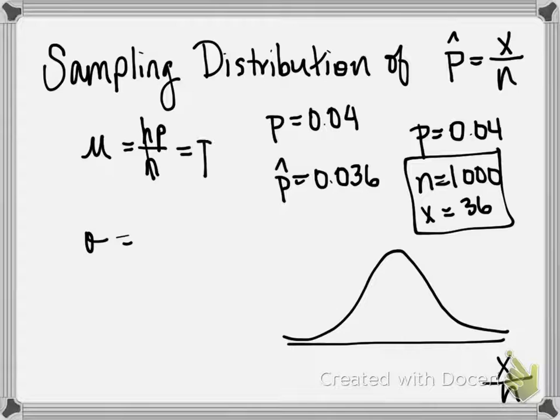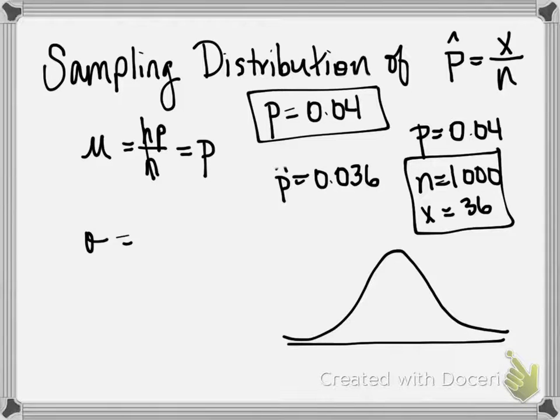Instead of the mean being np, it's just going to be p. In other words, for sample proportions, your expected value, your expected proportion, is going to be 4%, or 0.04. So that's going to be what's in the middle.